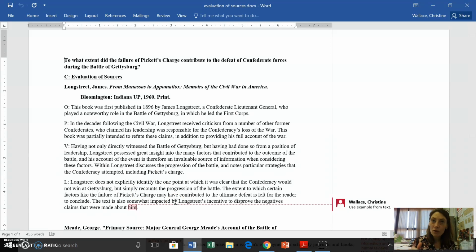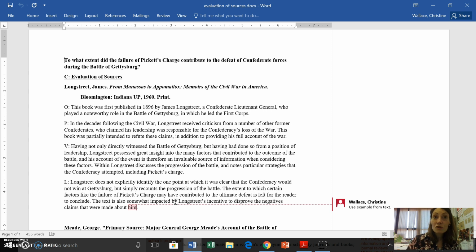If you start to have trouble with value and limitation, spend a little time thinking about your origin and purpose. The value and limitation are often found within the origin and within the purpose. In this case, the limitation for the source is related to the purpose. Because this general created this source as a defense, in a sense, for his own reputation, the source itself has to consider that particular action.